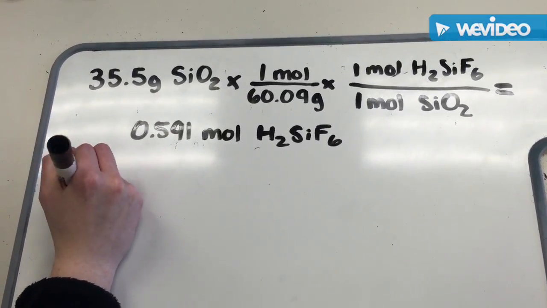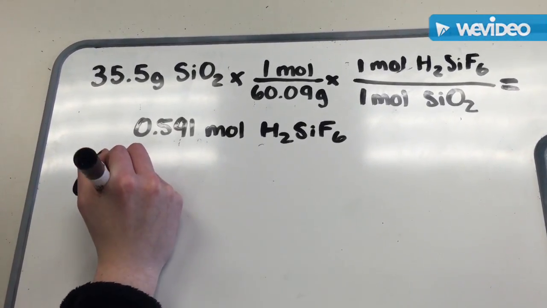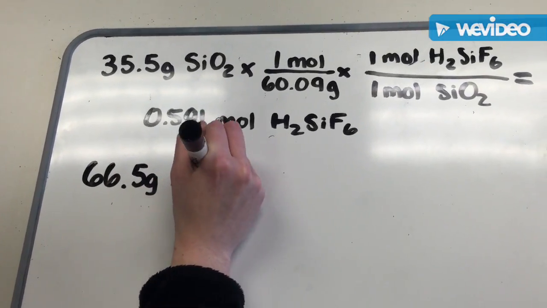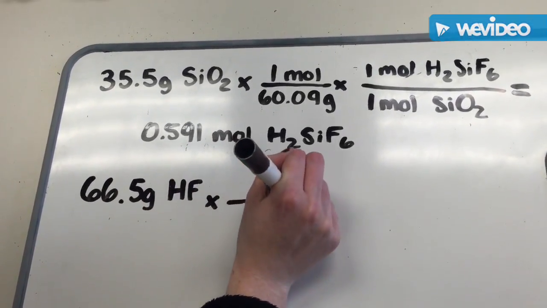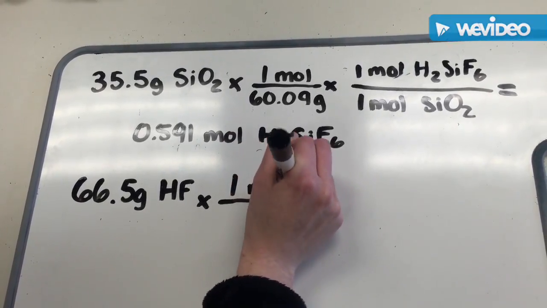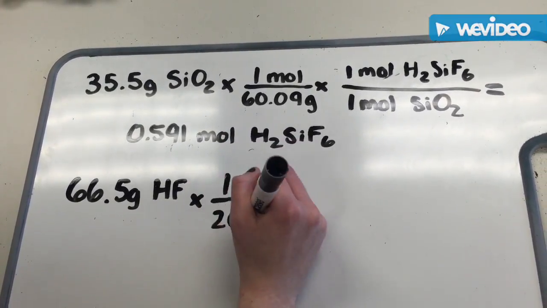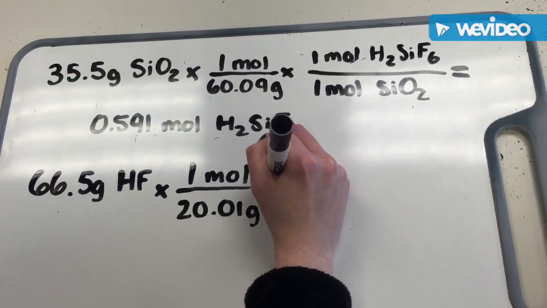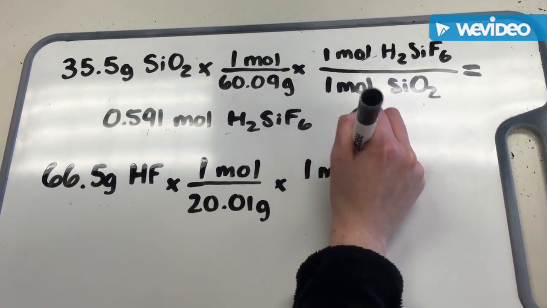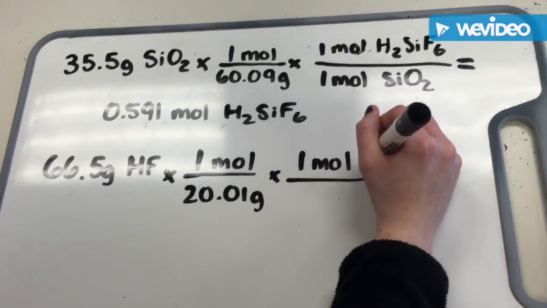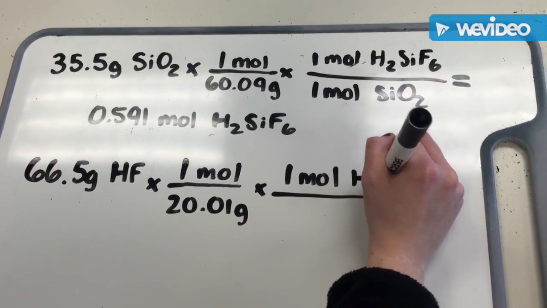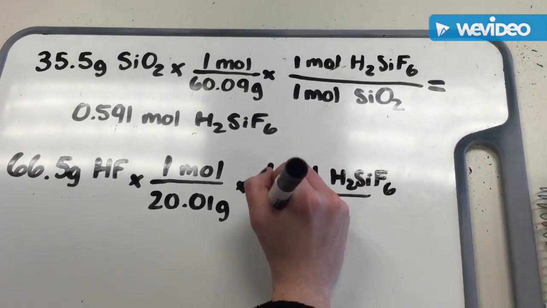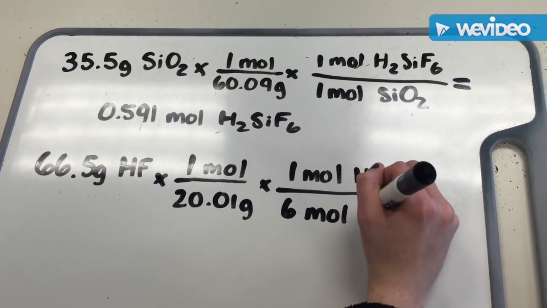So now we're going to do the hydrogen fluoride one. We were given 66.5 grams of hydrogen fluoride, and we're going to multiply it by a conversion factor to put it to moles, where the molar mass is 20.01 grams. Then we're doing the same mole to mole ratio. For 1 mole of H2SiF6, there are 6 moles of hydrogen fluoride.